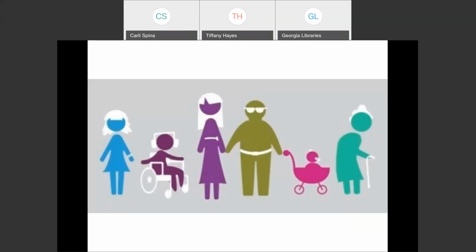And that's really important for libraries because I think more than a lot of other groups, libraries really do work with populations that are incredibly diverse in a lot of different ways. We see people from all different types of populations making use of our spaces and services in all types of different ways, some of which we might have thought of in advance and some of which we may not have thought of.